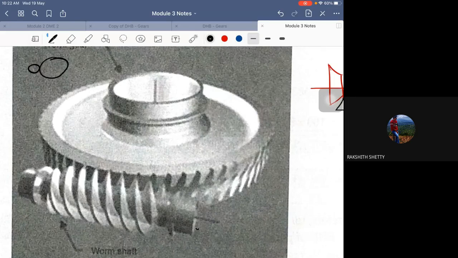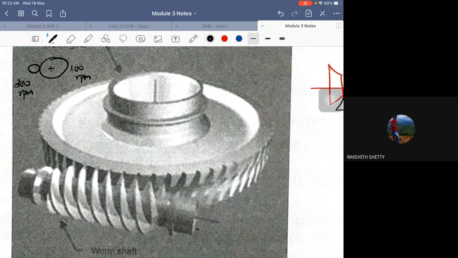You are rotating this gear at about 100 rpm. You can reduce to this particular speed, or you can increase to, say, around 300 rpm max to max. So from 300 rpm to 100 rpm, if you want to reduce, your size would be approximately this much, isn't it?